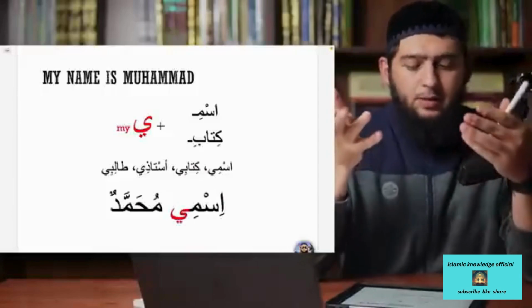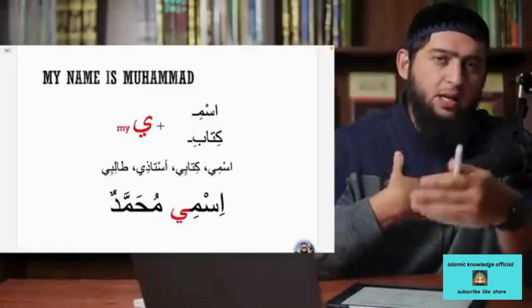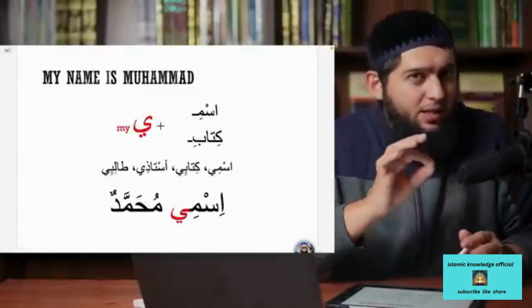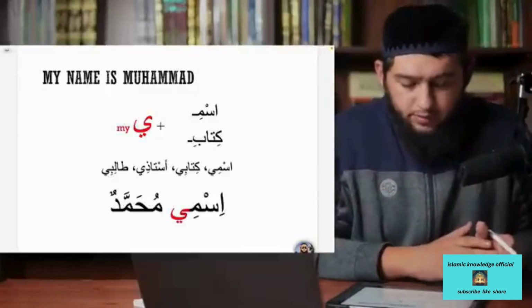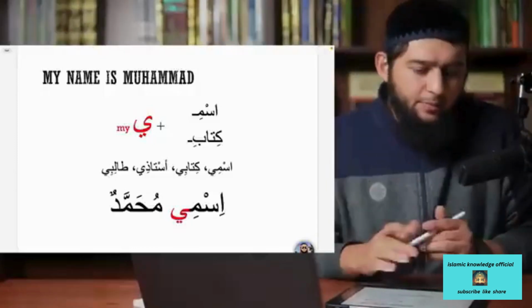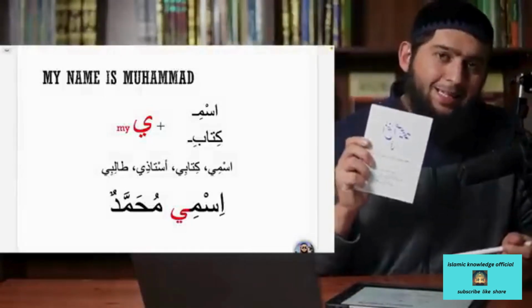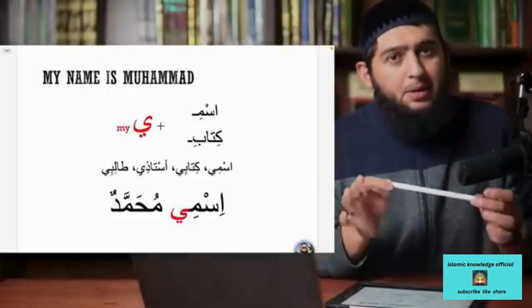And to answer this question, you need the possessive adjective my. My in Arabic is i, and also you add it at the end of a word. So you say ismi, kitab, kitabi, qalam, qalami.